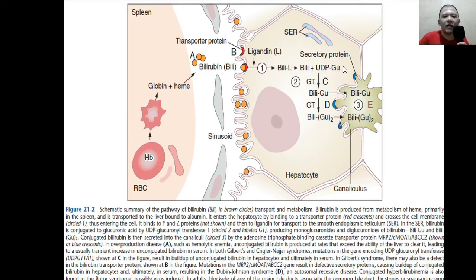What's the problem there? It's also a deficiency of the secretory protein or the protein transporter, leading to a retention of conjugated bilirubin. You may be confused, but we'll talk about it one by one.